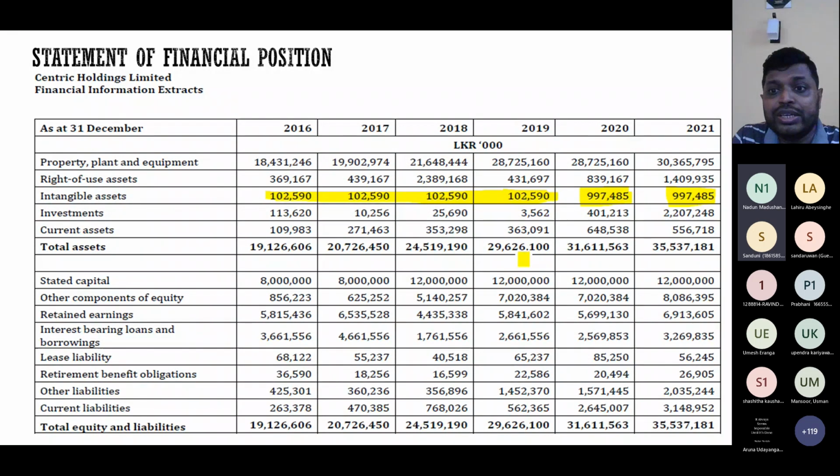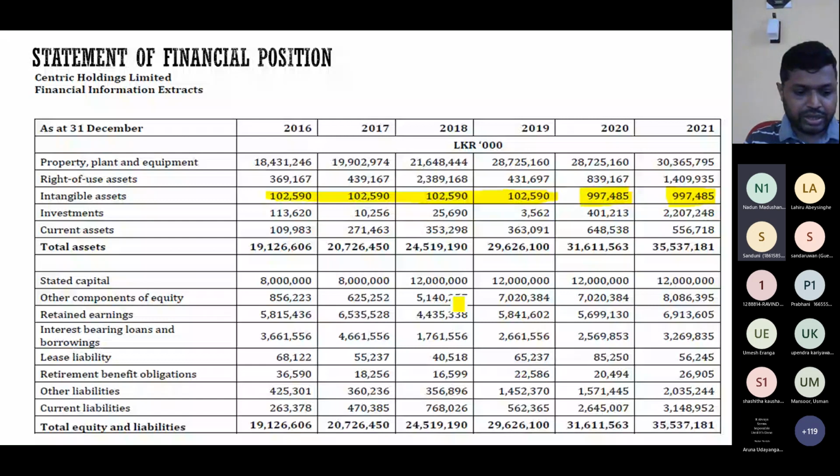Look at the value, 997 million. 997,485 minus 102,590.